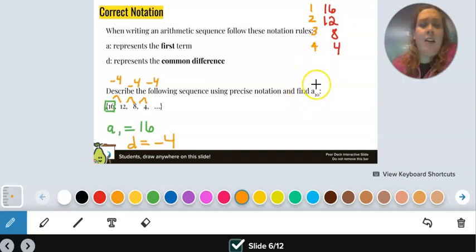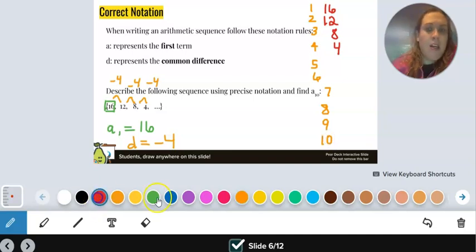And again, this is our first 1, 2, 3, 4 terms. And we want to find our 10th term. So I'm just going to write 5, 6, 7, 8, 9, and 10. And each time we're still subtracting 4 because that was our common difference of minus 4. So 4 minus 4 gets us 0 for the 5th term. 0 minus 4 is negative 4.